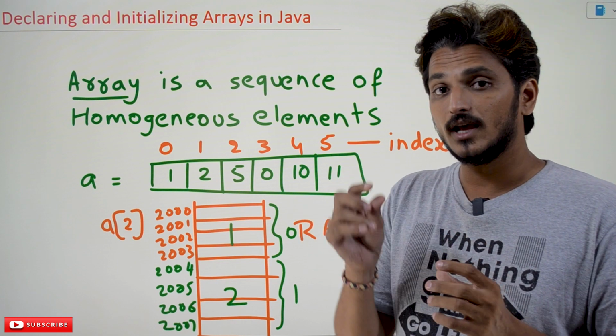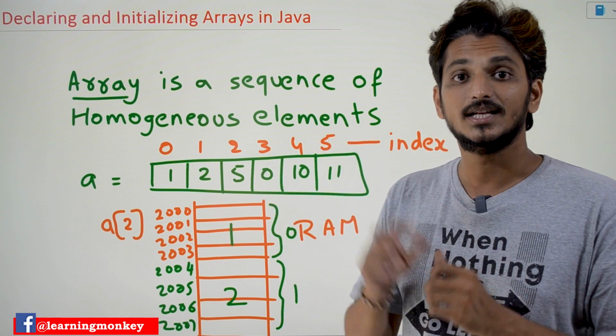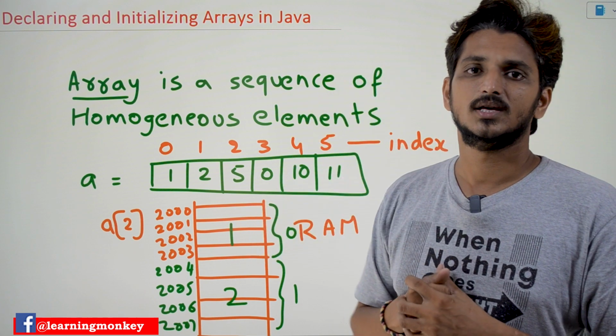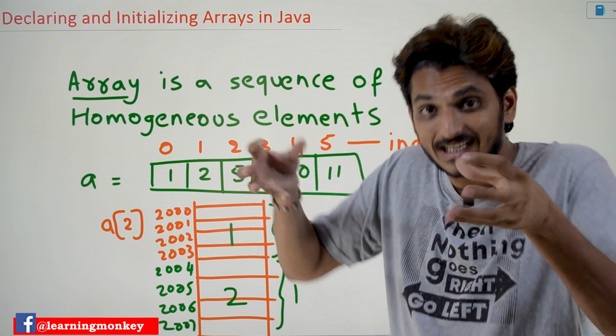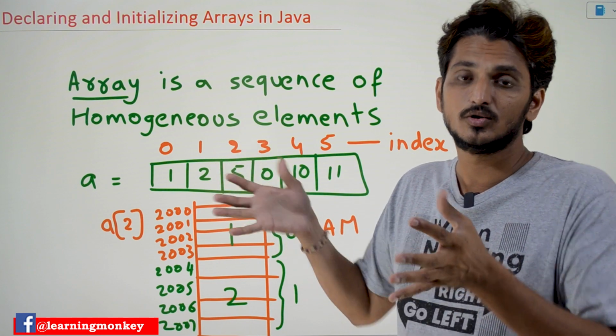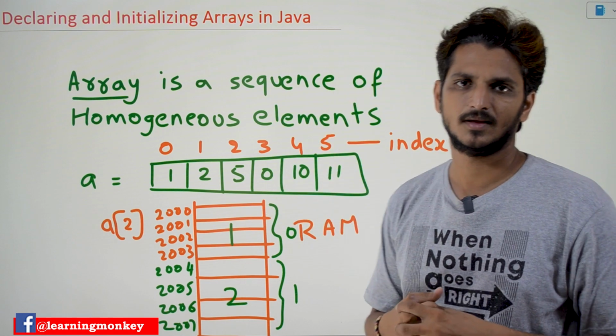Suppose you want to store an integer value, int A, it is going to assign a memory location to store the integer value. Suppose you want to store a set of elements, then go with an array. It is going to store a set of continuous homogeneous elements.